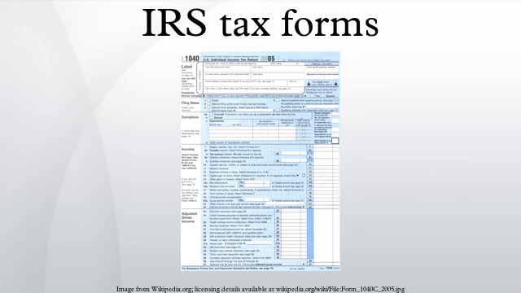Form 4868, Application for Automatic Extension of Time to File U.S. Individual Income Tax Return, is used to request an extension of time to file a federal income tax return for an individual. Form 8822, Change of Address, is used to report a change of address to the Internal Revenue Service.